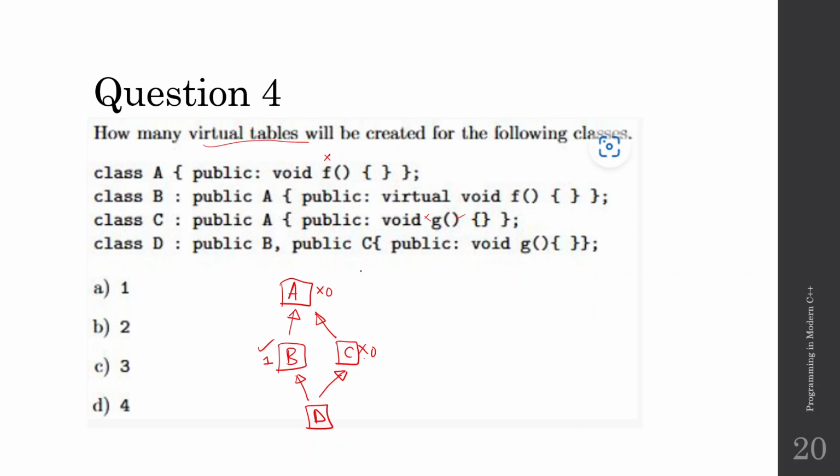Then we come to D. Since D inherits from B, automatically D will inherit all the virtual functions, right? So D automatically will have virtual function f. So D will have a VFT.